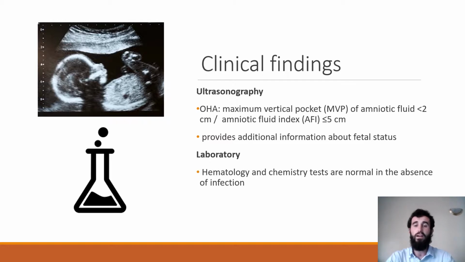Also it can be defined as the amniotic fluid index, or AFI, under 5 centimeters. The ultrasonography will also provide additional information about the fetal status. So, all the academies recommend doing an ultrasonography.